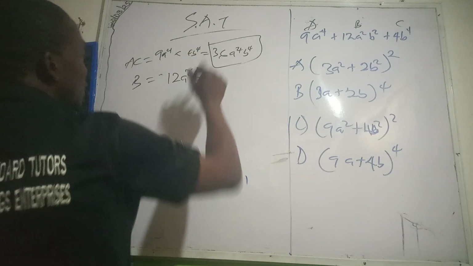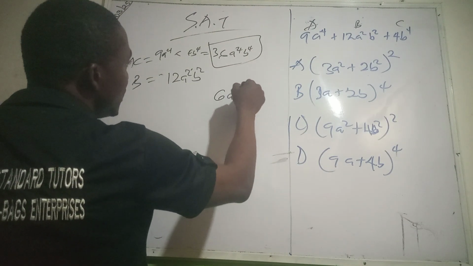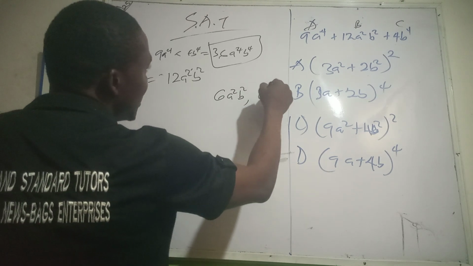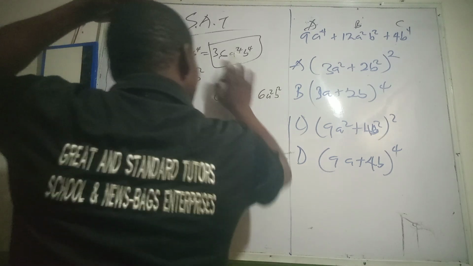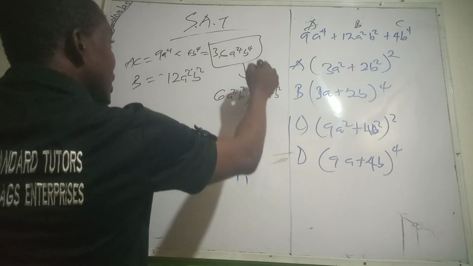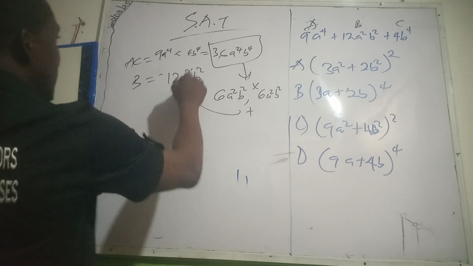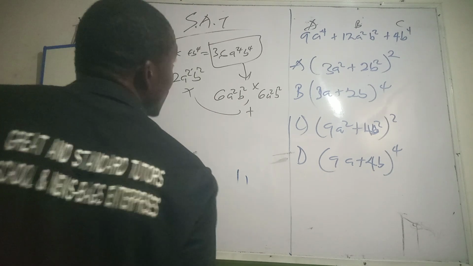The two factors could be 6a squared b squared, another 6a squared b squared. If I multiply these two together, it's going to give me this, and if I add them up, it's going to give me this on addition.